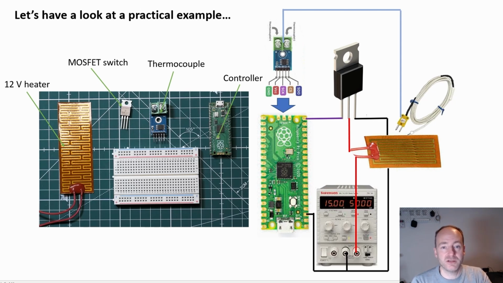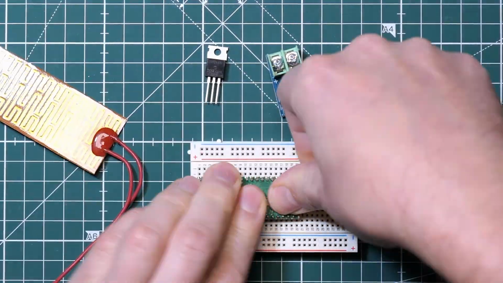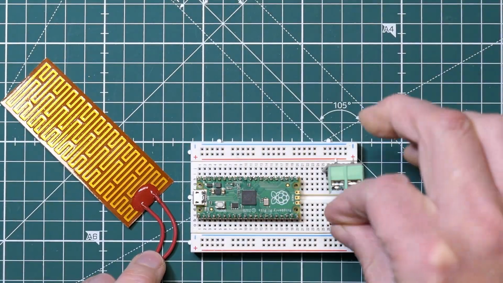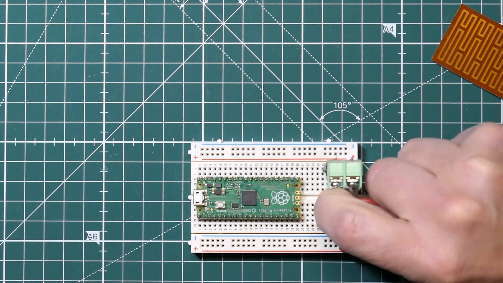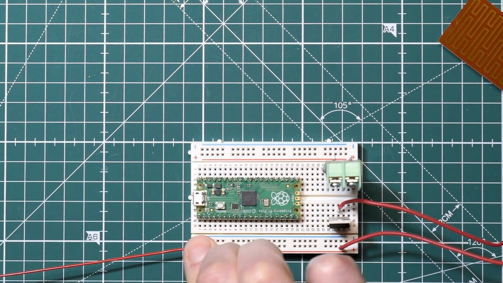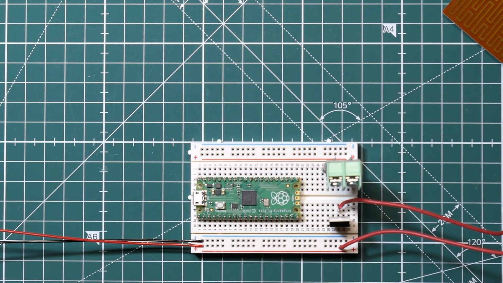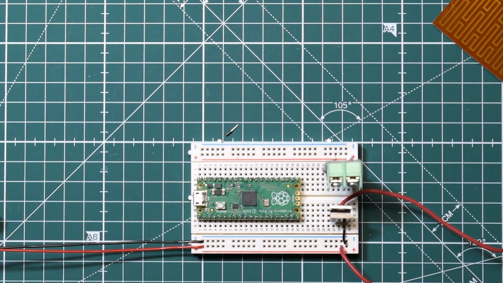Let's go and have a look at me building that circuit, and I'll talk through a bit more what I'm doing. Here I begin by plugging the components into the board. So the Raspberry Pi sits in the middle with the gap between the pins, obviously, to stop them shorting out. I put the MOSFET in and I put the MAX6675 in. So the heater goes between the MOSFET drain, which is the middle pin, and the DC power supply.